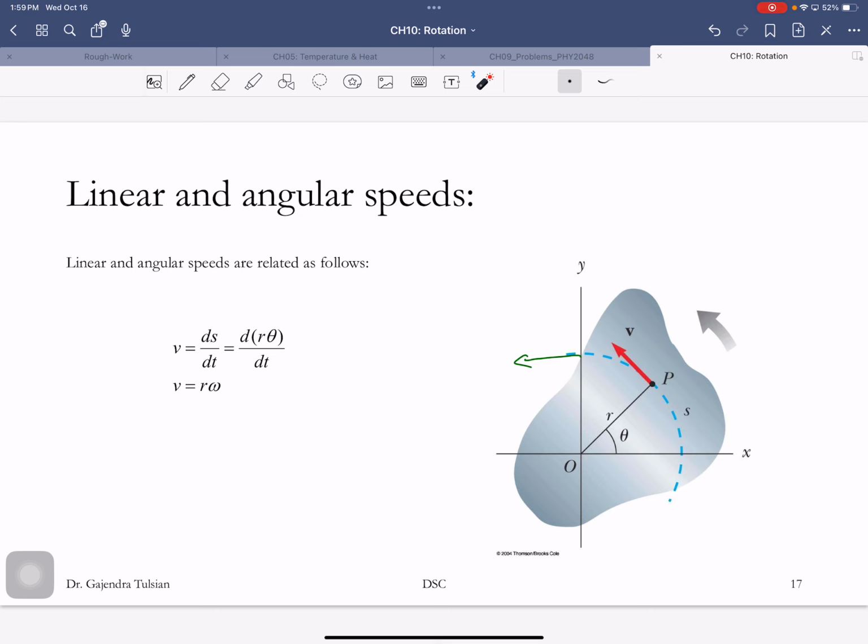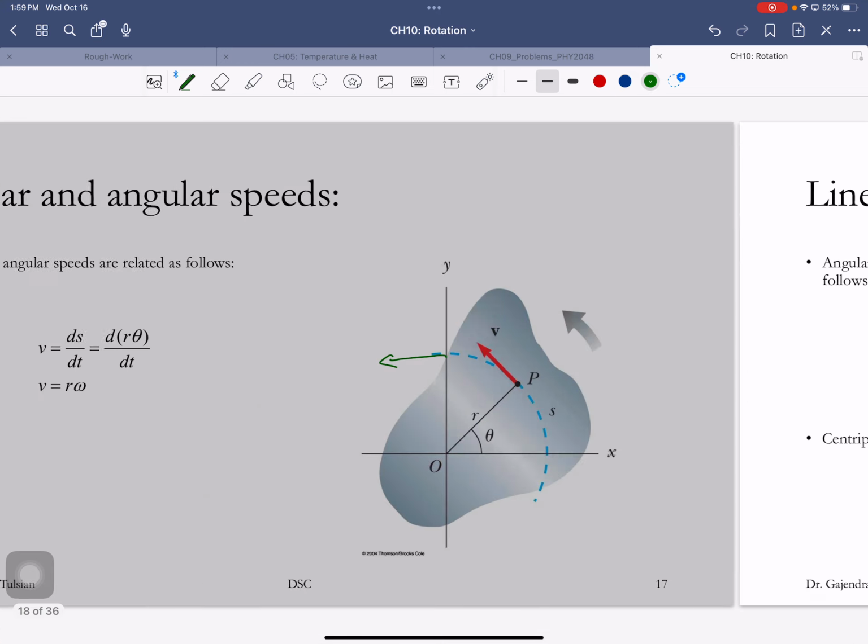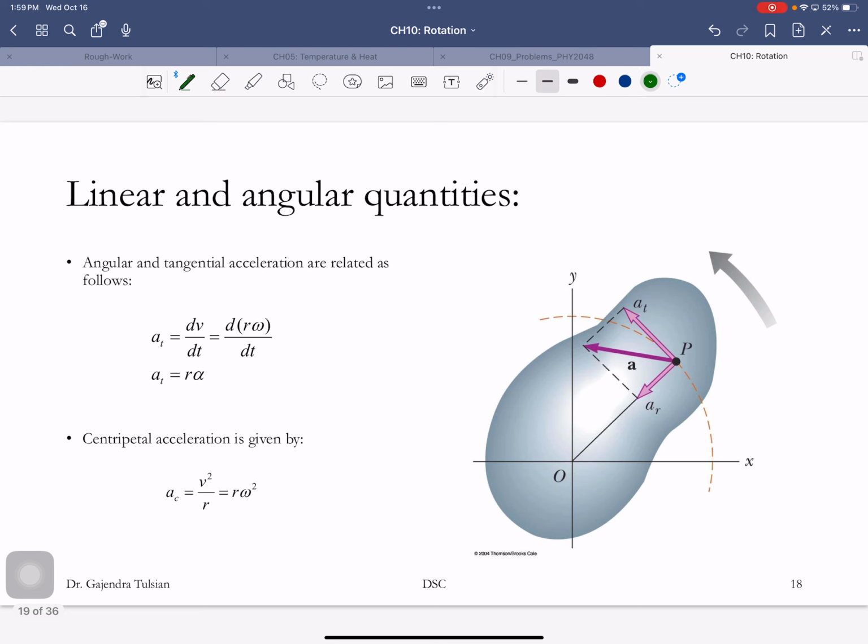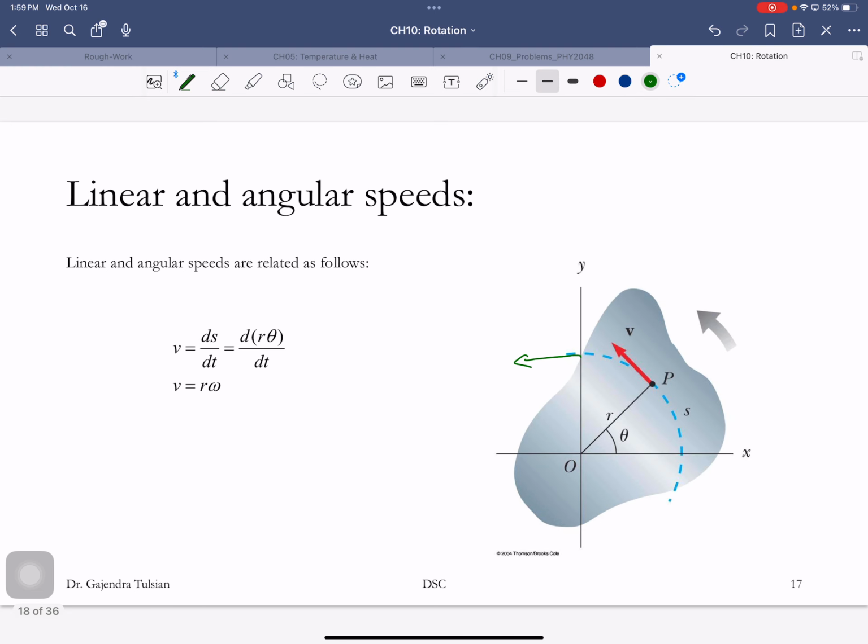But the linear speed of this point depends on how far out it is.